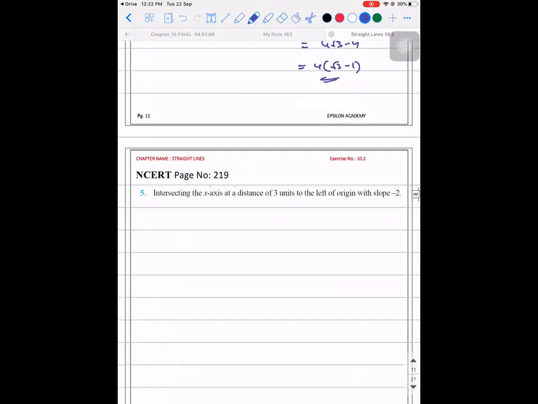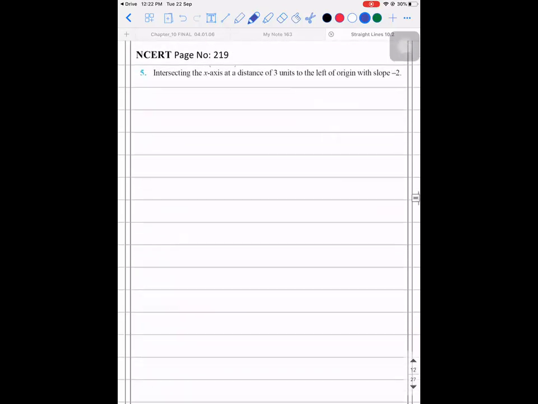No, sir. First one. Find the equation of the line which is intersecting the x-axis at a distance 3 units to the left of the origin with a slope of minus 2.